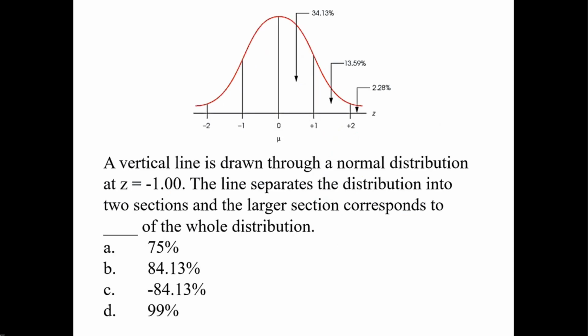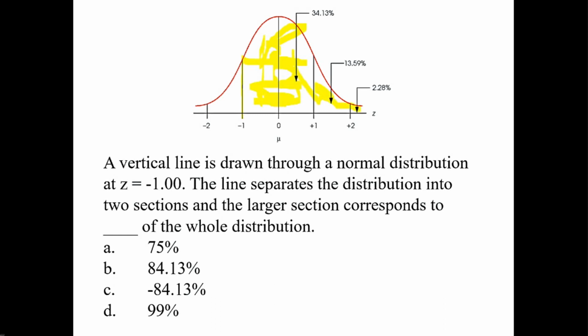All right. So a vertical line is drawn through a normal distribution at z equals -1. The line separates the distribution into 2 sections. The larger section corresponds to what percentage of the distribution? So it's at -1, and they're trying to figure out how many people scored better than -1.